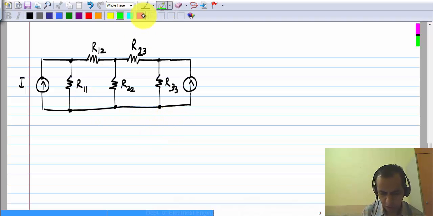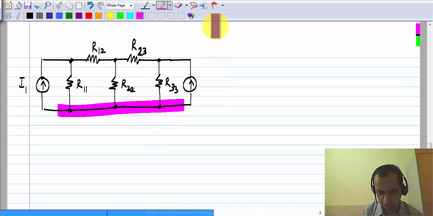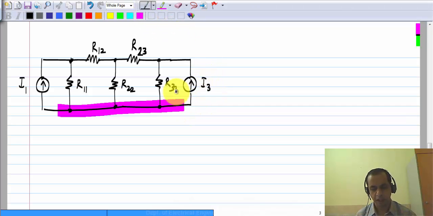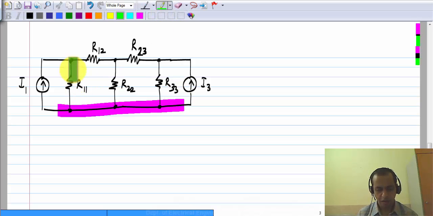And this of course is the reference node, and this is I3. By now it must be clear why I chose the subscripts the way I did. R11 is the resistance connected to node 1 and the reference node. R12 is between node 1 and 2. R23 is between nodes 2 and 3, and similarly from node 2 to ground, and R33 is from node 3 to ground, and so on.